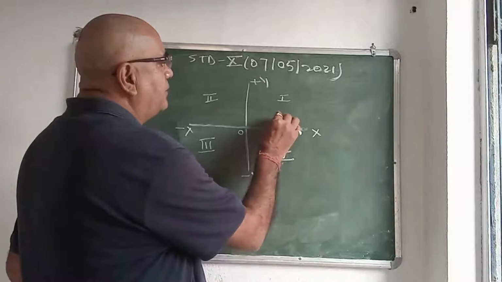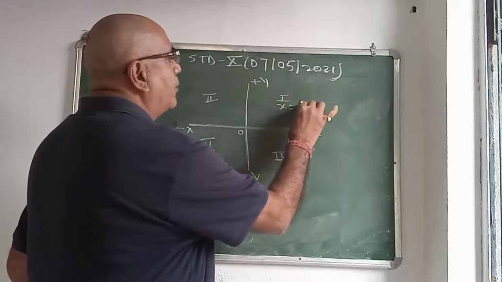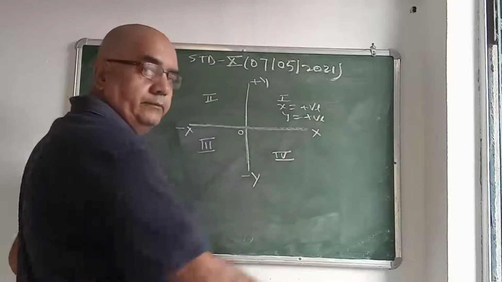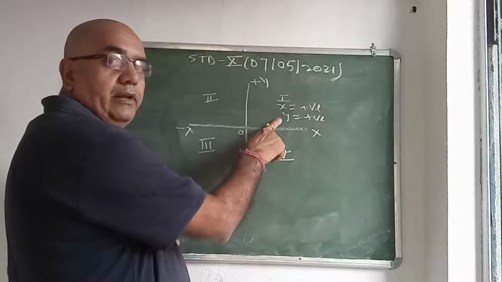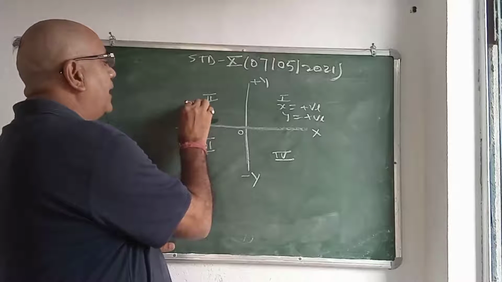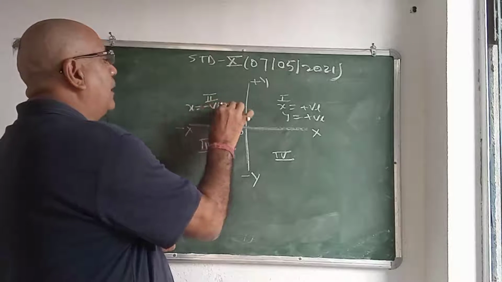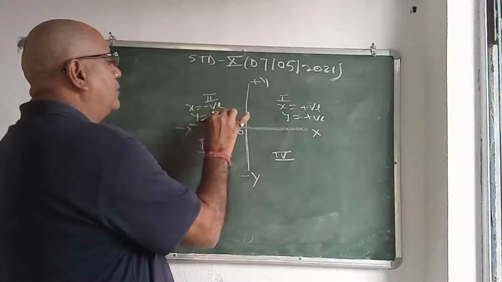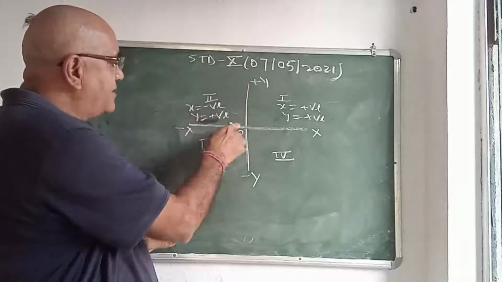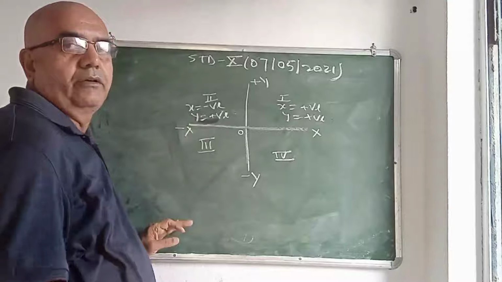In the first quadrant, x is positive and y is also positive. In the second quadrant, x is negative and y is positive; see here, y is positive, and x is negative because it is the left hand side of the origin.